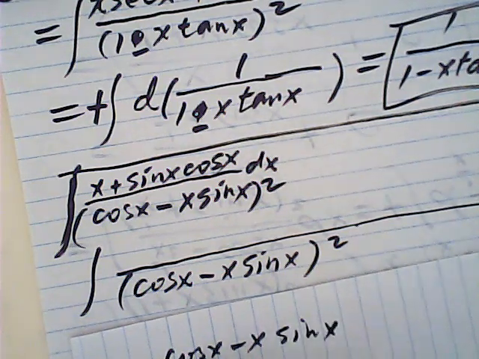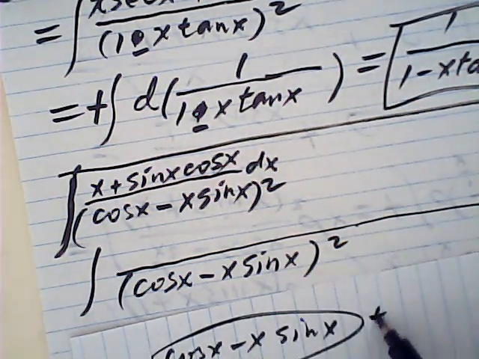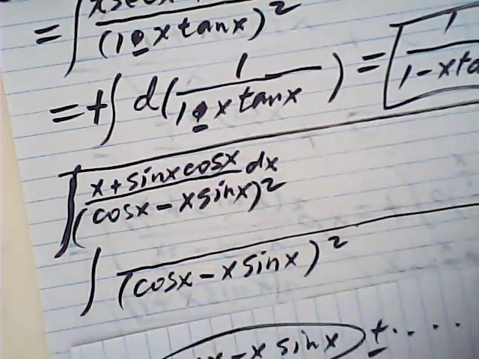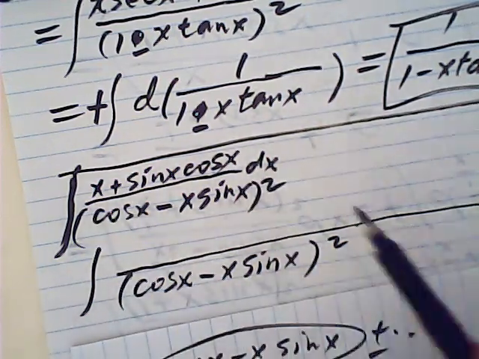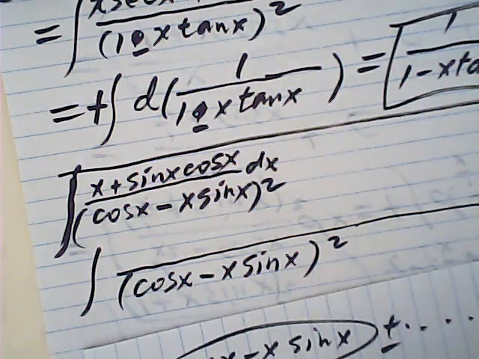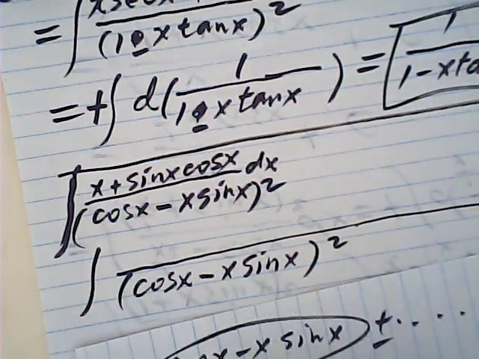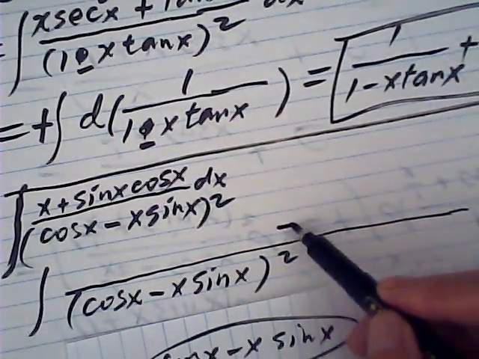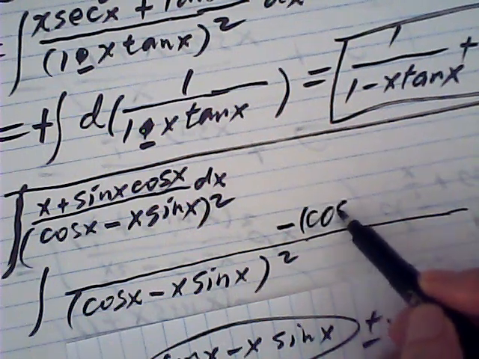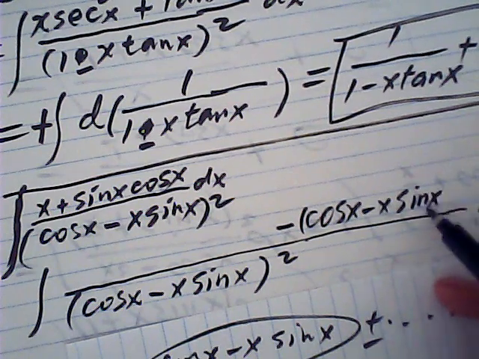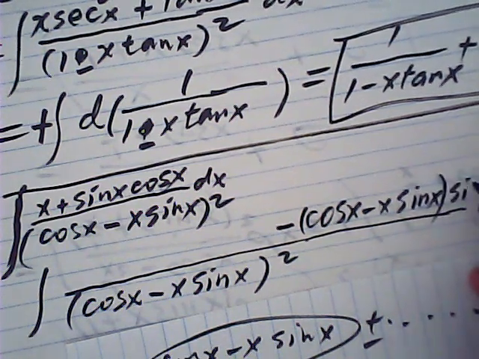Okay. Then plus or minus something to make the same thing as given in the numerator. I tried this, it didn't work. But I tried negative, it works. Negative means negative cosine x minus sine x times sine x.